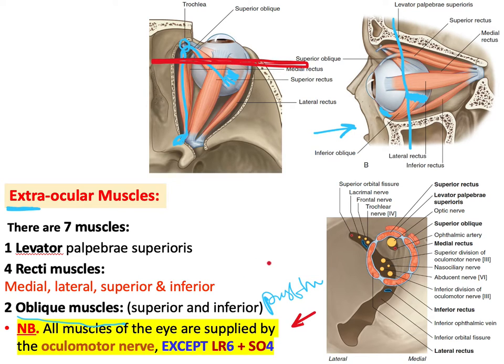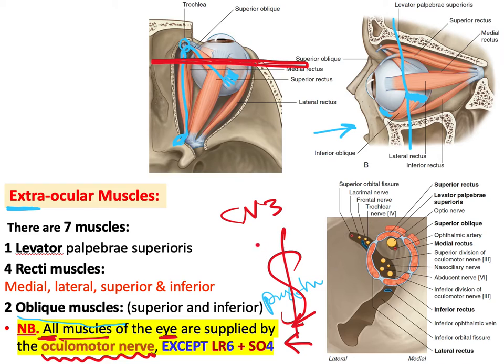So this is very important to know that all muscles of the eye are supplied by oculomotor nerve, which is cranial nerve number 3, except all of these muscles, right? All 7 muscles innervated by oculomotor nerve except the lateral rectus muscle and superior oblique muscle.